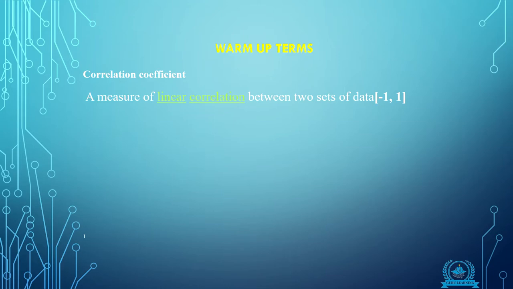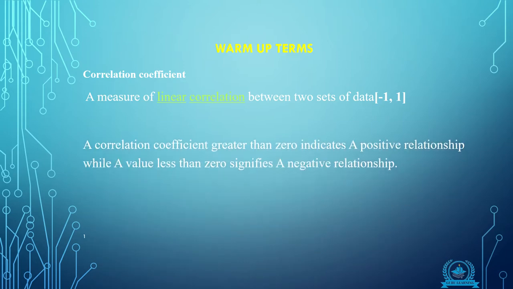Before diving deep into linear regression coding, we need to understand a few basic terminologies. The first one is the correlation coefficient. The correlation coefficient is a measure of a linear relationship, linear correlation, between two sets of data points.